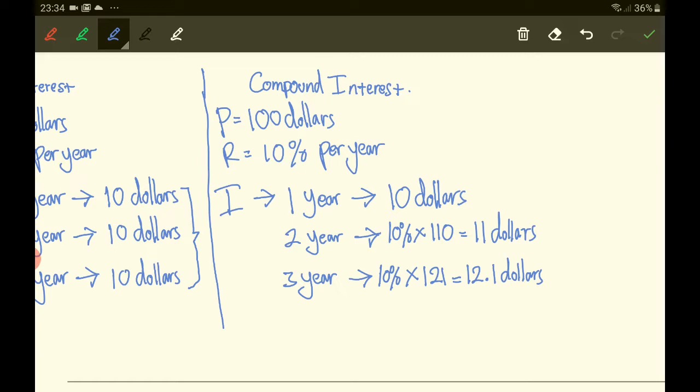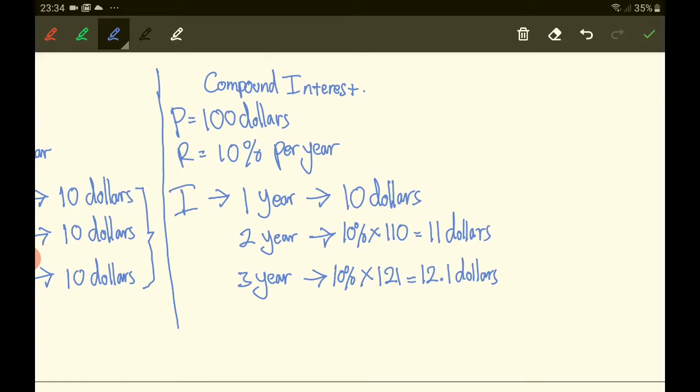So after 3 years, when you deposit your $100 in the bank with a 10% rate per year, with the compound interest calculation, you will have extra $33.1.